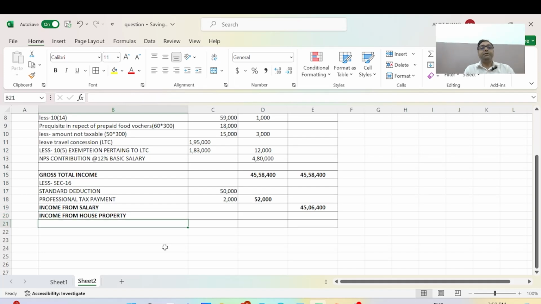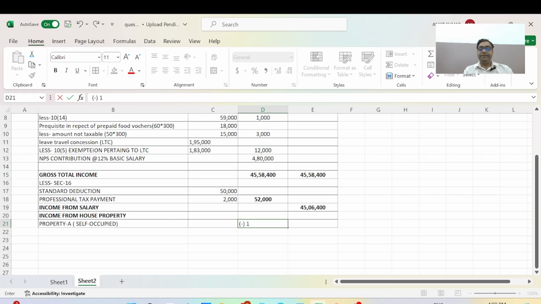First of all, we write down property A, property B and property C. Property A is used by Dr. Manish as self-occupied. It will be minus 1,05,000.